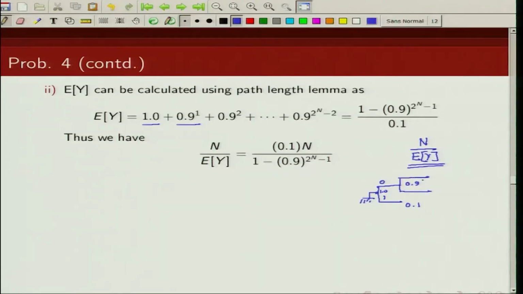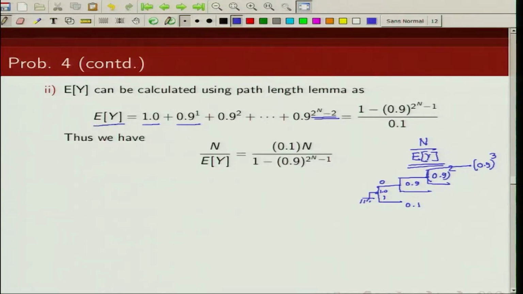Then again you are extending this, so this is probability 0.9 into 0.9, that is 0.9 square. Then again you extend this, this will be 0.9 cube. You will do this until the q extensions of the leaf containing this 0.